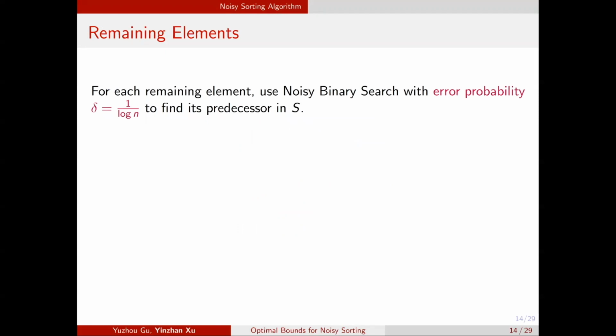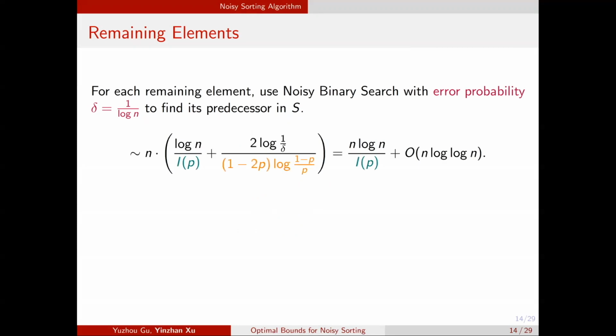Now, for each remaining element, we use noisy binary search with error probability 1 over log n to find its predecessor in S. So this process partitions the remaining elements into some sublists. And the number of queries for this step is the following.